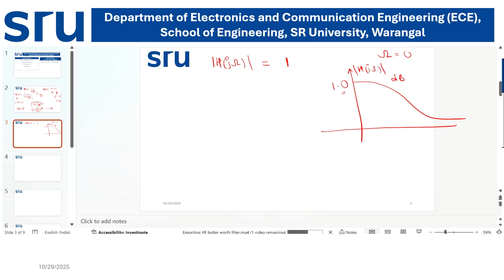Now if I take this in terms of dBs, take equation number 1 firstly: the magnitude of H(j omega) whole square is equal to 1 by 1 plus (omega by omega c) whole power 2n.